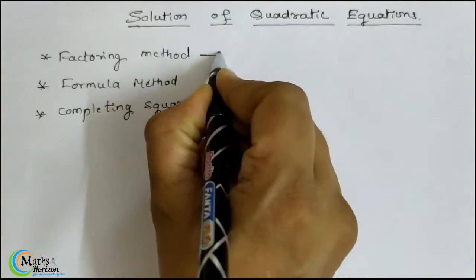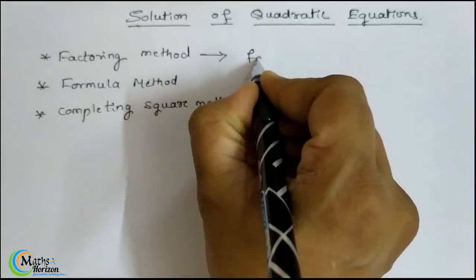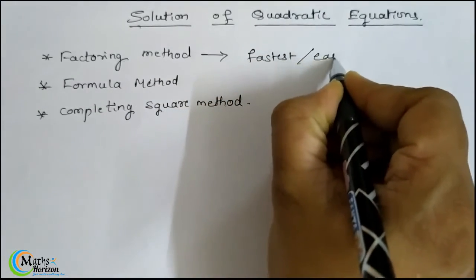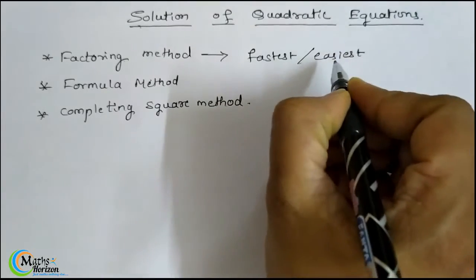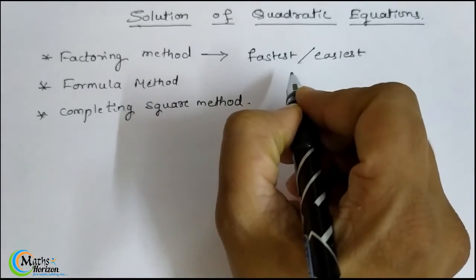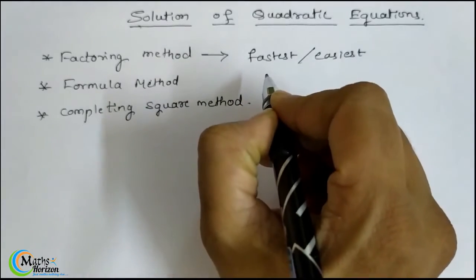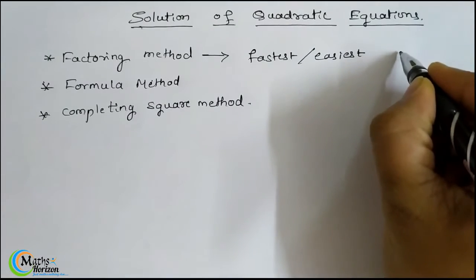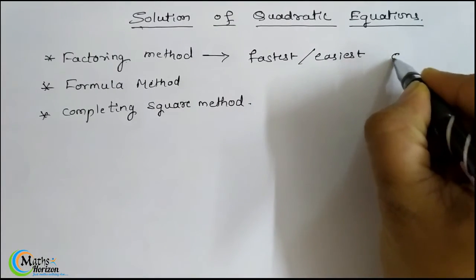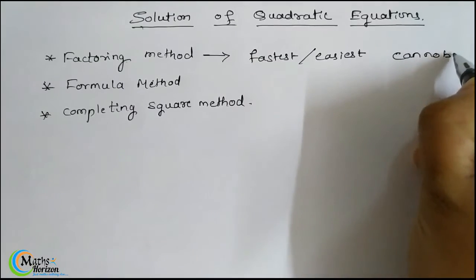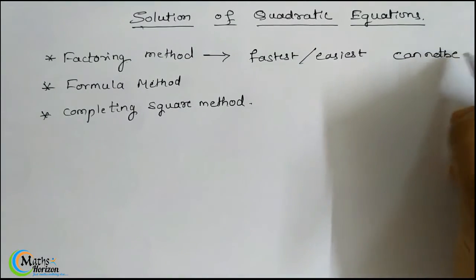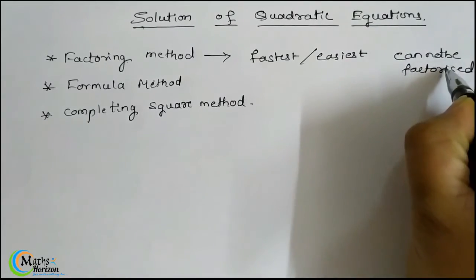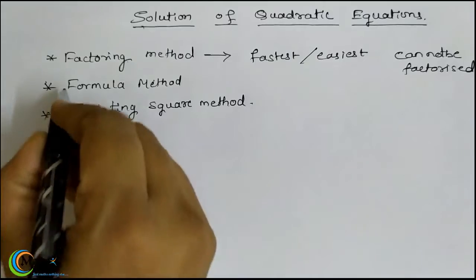The factoring method is the fastest and easiest method. Every quadratic equation can be solved using the factoring method, but some quadratic equations cannot be factorized. In the case which cannot be factorized, we can go for the formula method.